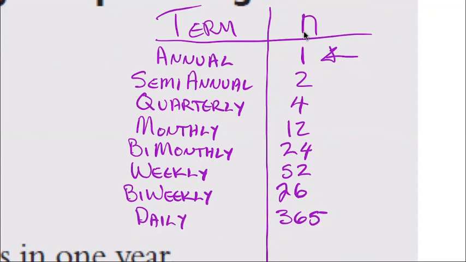Bi-monthly would be 2 per month, which would be 24. 2 times 12 is 24. Weekly, there's 52 weeks in a year. Bi-weekly would be every 2 weeks, so it would be 26. And daily, 365. Okay, so those are the different types of commonly used compounding periods.